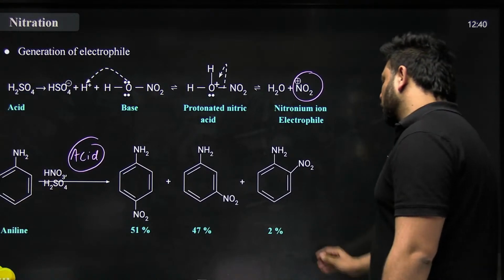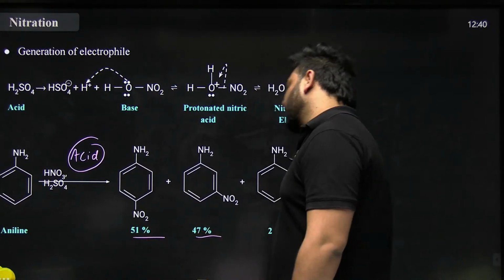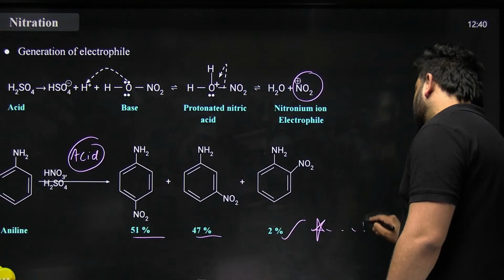So it will give you ortho only 2%, meta 47%, para 51%. This data is itself important.